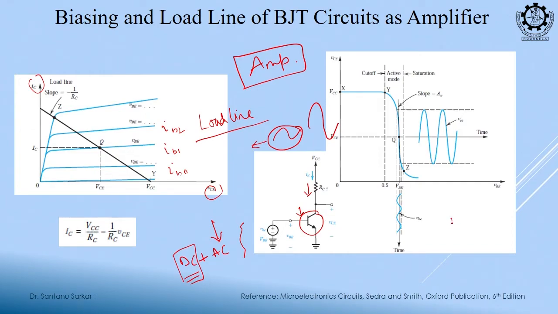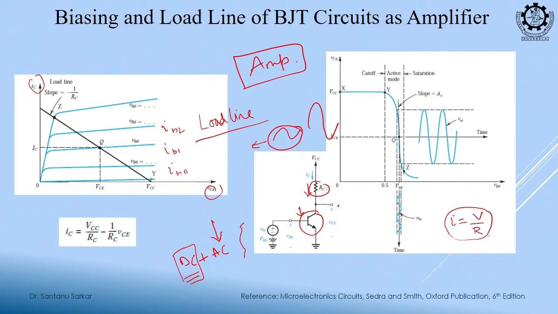If a current flows through a resistance, what is the equation? I is equal to V by R. My equation for this current flowing through this resistance is V by R, and V means this voltage drop, right, VCC minus V0 by R, right.